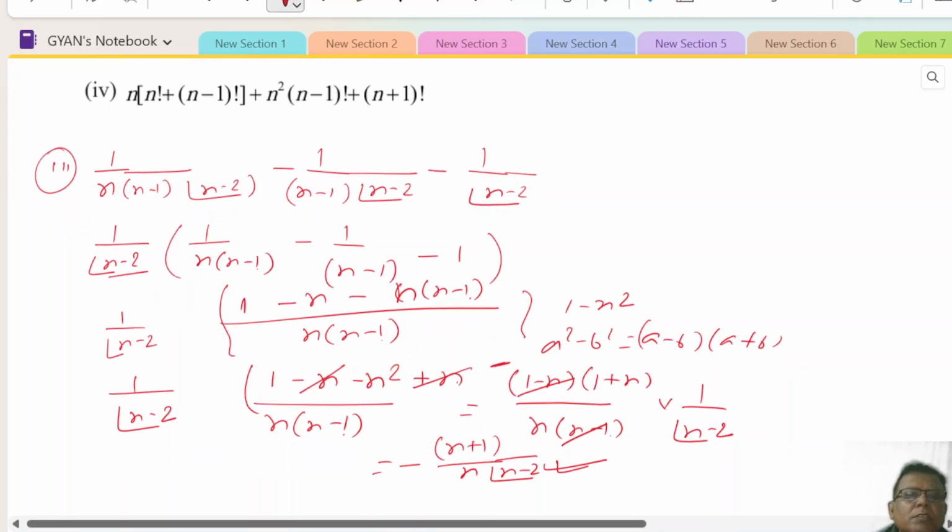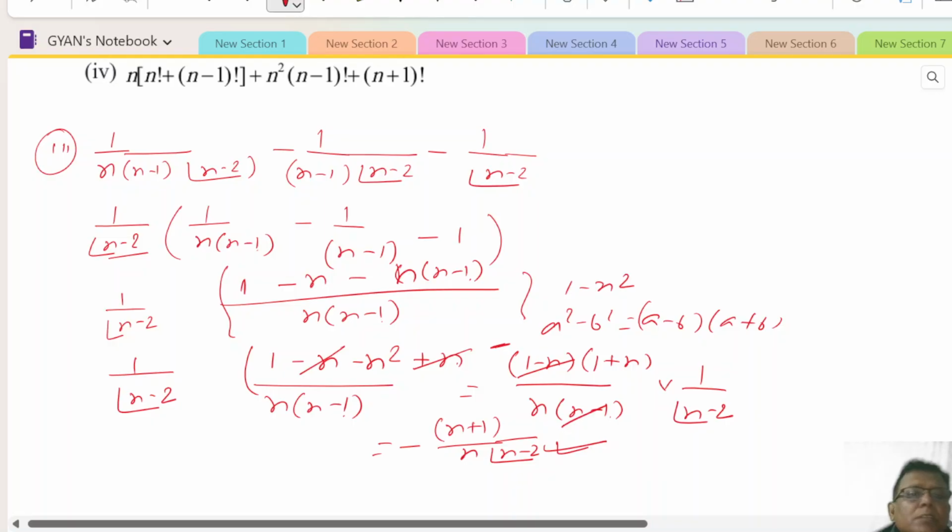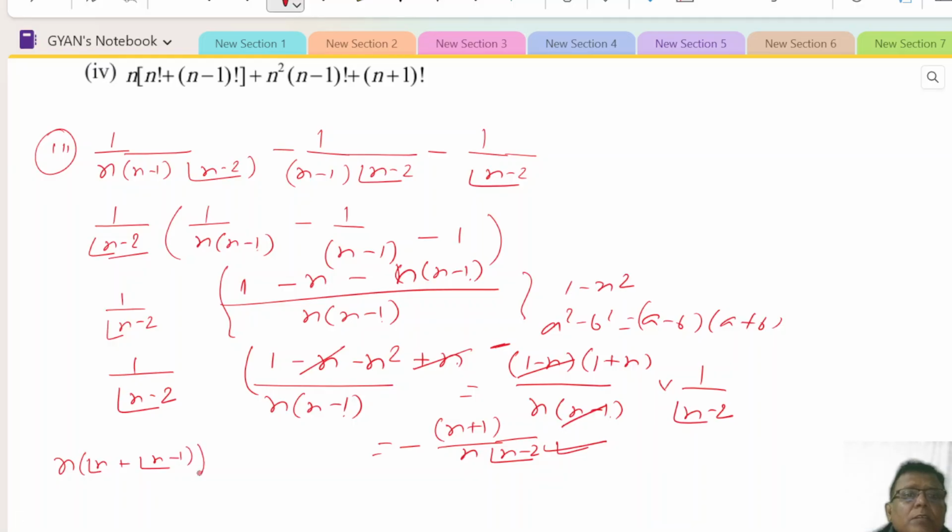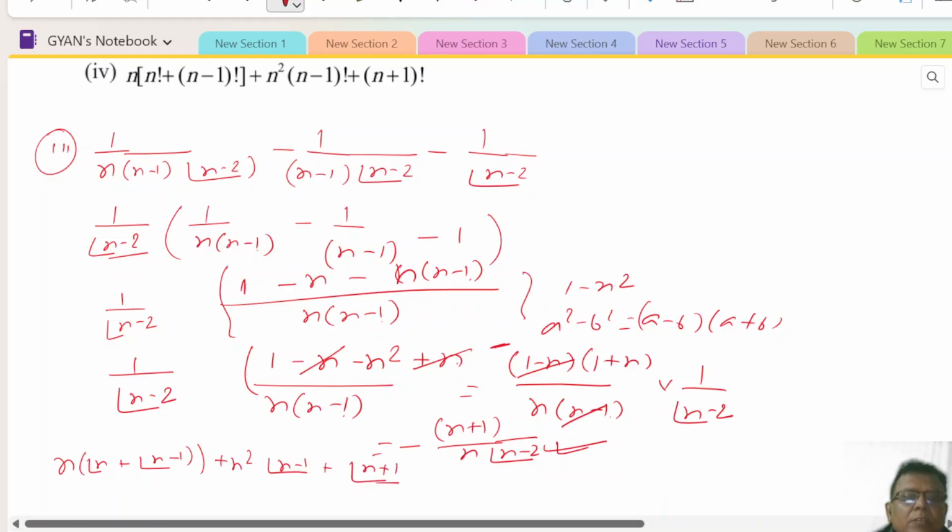Now another question is n factorial n minus 1 plus n square factorial n minus 1 plus factorial n plus 1. So here this is the list. You take factorial n minus 1 common.